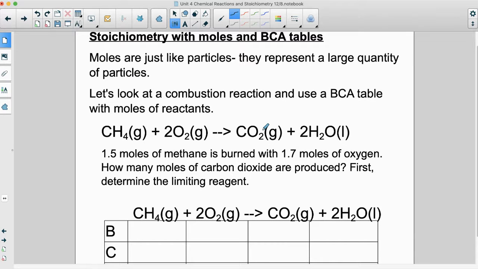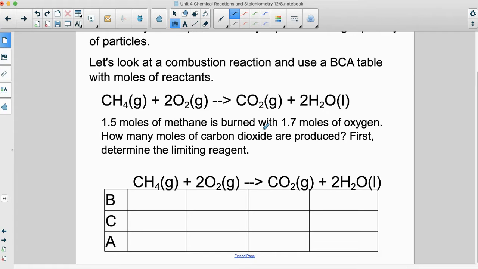Here is another example. Okay, so again, this example is with a balanced chemical reaction here, the combustion of methane. Here, we do not have particles, we have moles. Okay, so we can fill in the moles here, the amount that we're given, and they're asking us for the moles of carbon dioxide that are produced.